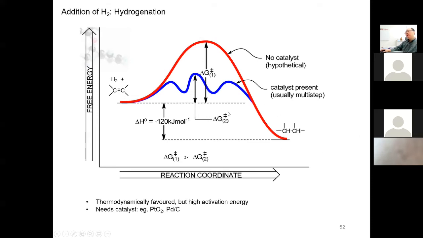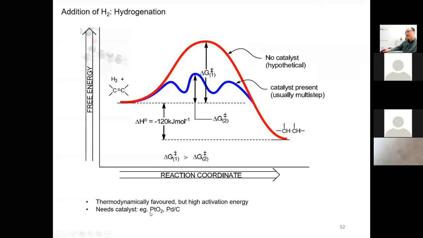So the catalysts the industry has found to make this very slow reaction faster are, for example, platinum or palladium on carbon. If I write Pd/C, it means a palladium on carbon catalyst.